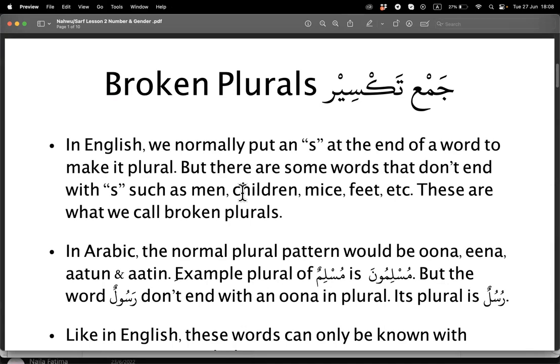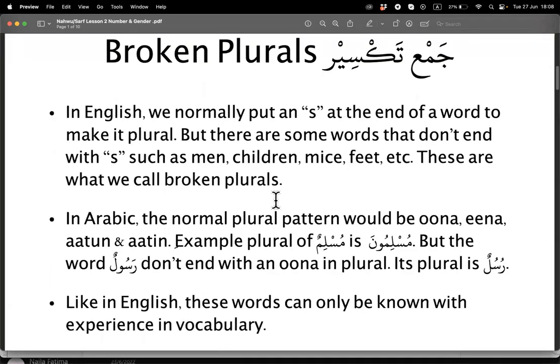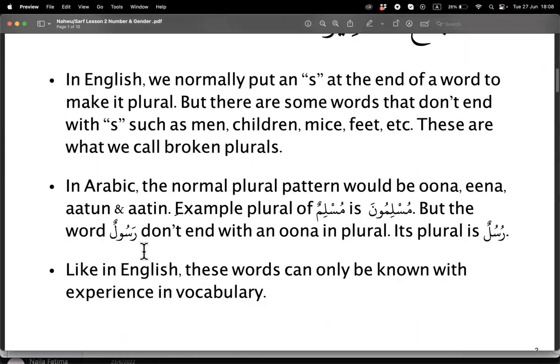So Arabic is also like that. From Muslimun, you can add Muslimuna, right? That is normal plural. This is like adding S basically in English. But not all words can do that. For example, the word Rasul, the plural is Rusul, not Rasuluna.